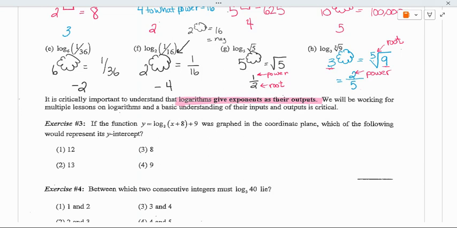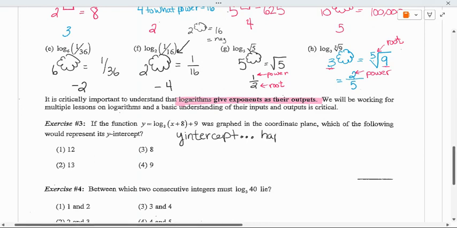If the function y equals log base 2 of (x plus 8) plus 9 was graphed in the coordinate plane, which of the following would be the y-intercept? Well, let's just talk about the y-intercept. What do I know about the y-intercept?